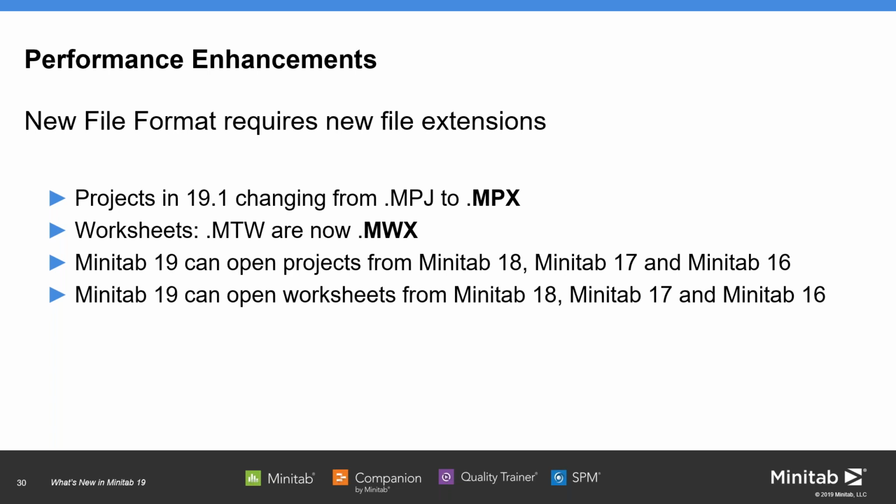You will still be able to open older projects as far back as Minitab 16, which I think was released 12, 13 years ago already. Same thing with worksheets: instead of .mtw, they are now .mwx. Again, Minitab will be able to open projects and worksheets going as far back as Minitab 16.